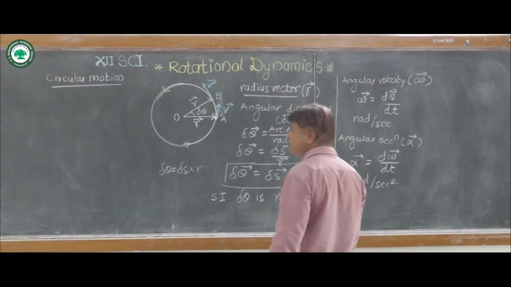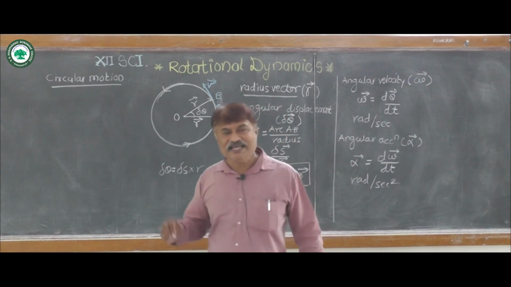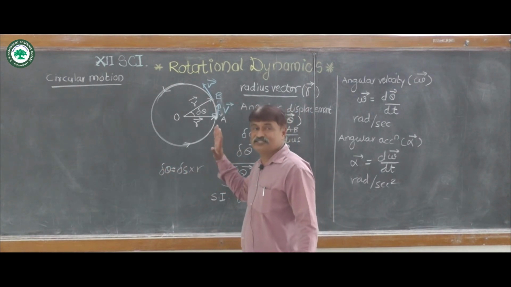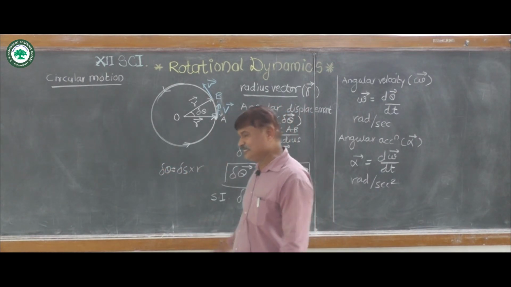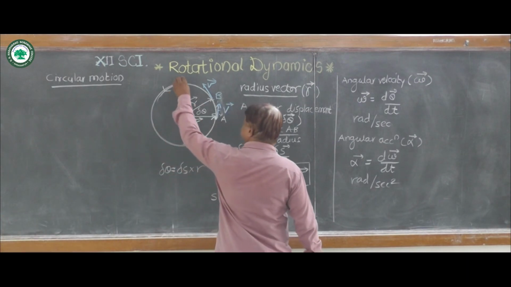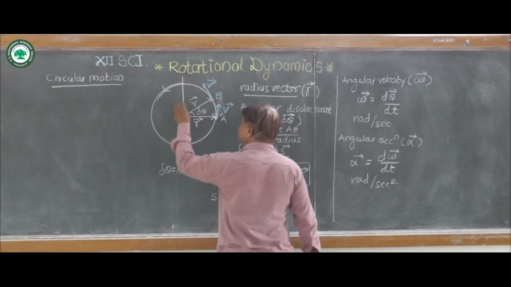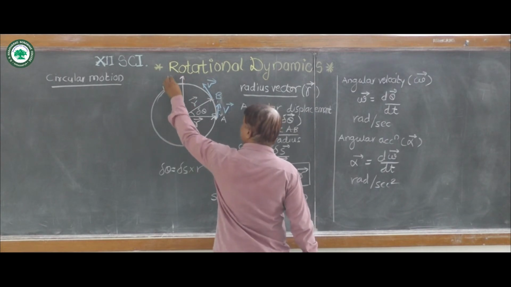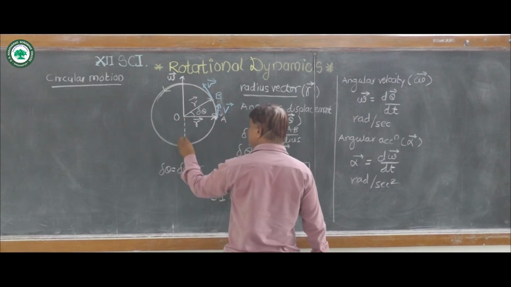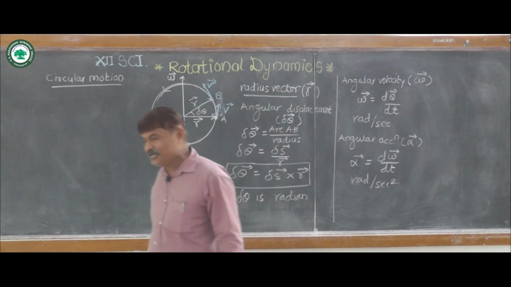Angular velocity is along the axis and therefore it is also called an axial vector. In this diagram we draw the direction of angular velocity omega bar, which is along the axis.